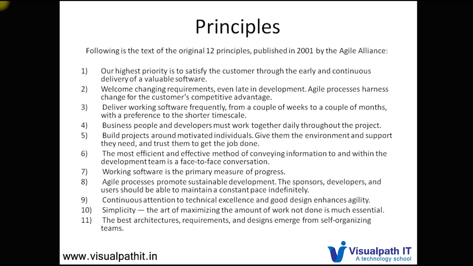The best architectures, requirements and designs emerge from self-organized teams. So you are not going and allotting the work to the team, but based on their capability, they will pick their set of work on their own. You need not guide them. Basically all the individuals are equal, and based on their capability, we leave them independent.